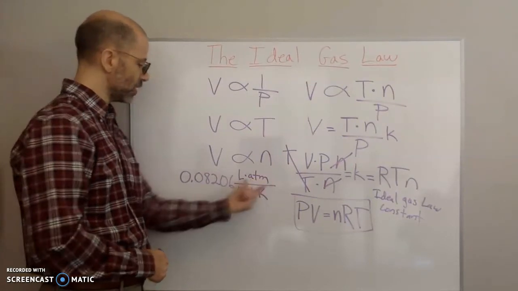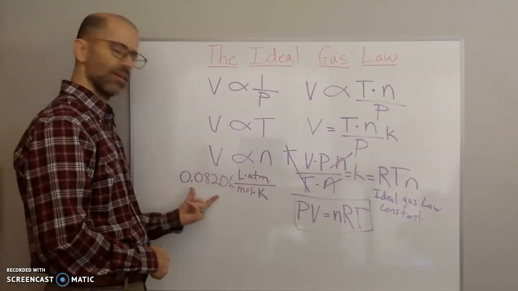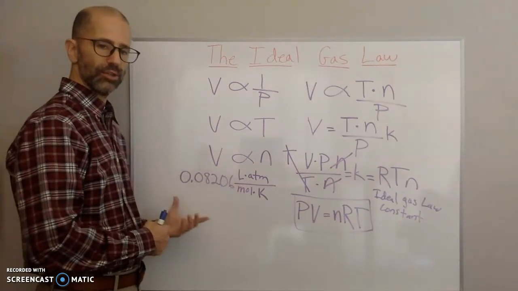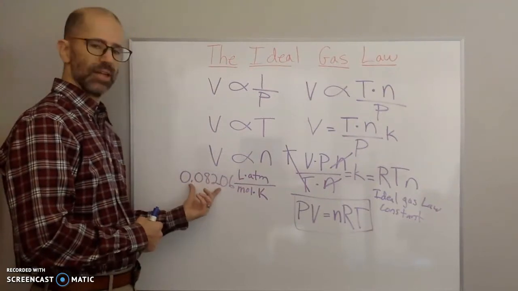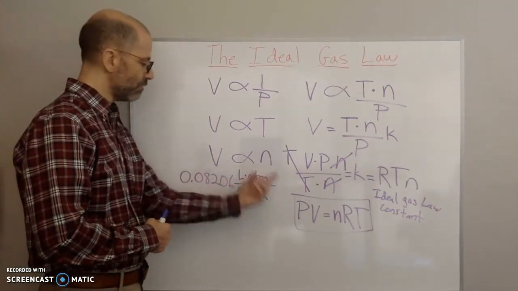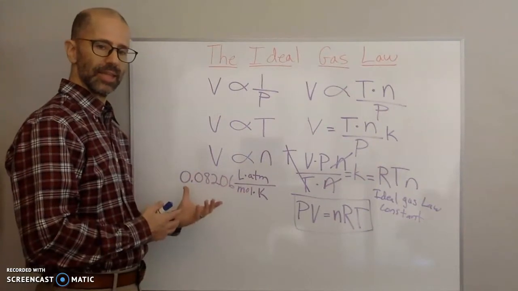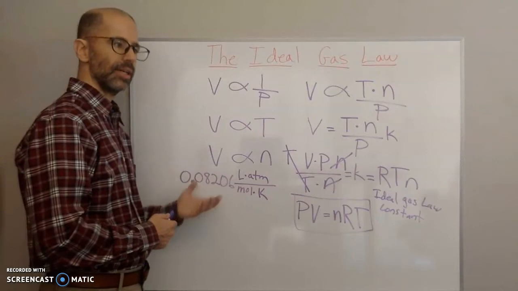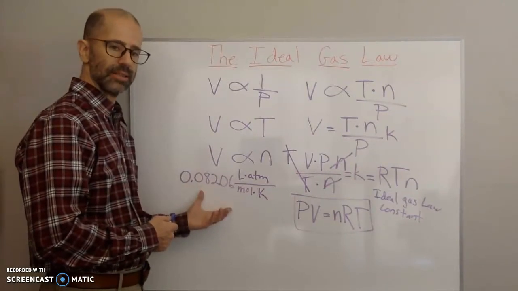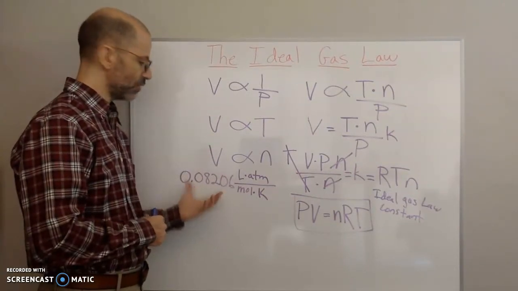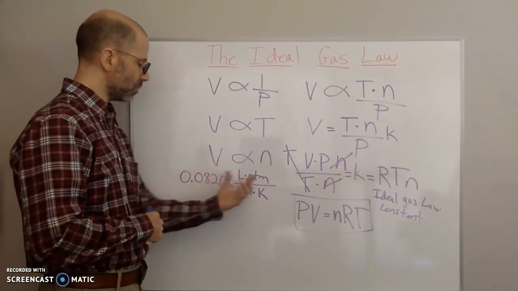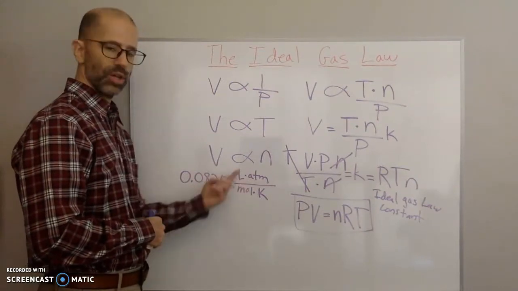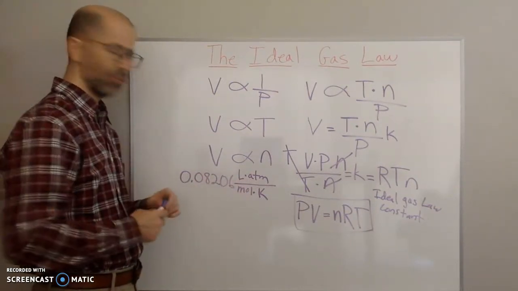Because you change the unit, the number is going to change, but the value of the R constant is the same. The ideal gas law constant doesn't change as far as the magnitude, but the number here will change depending on what units you're using. I hope that is helpful.